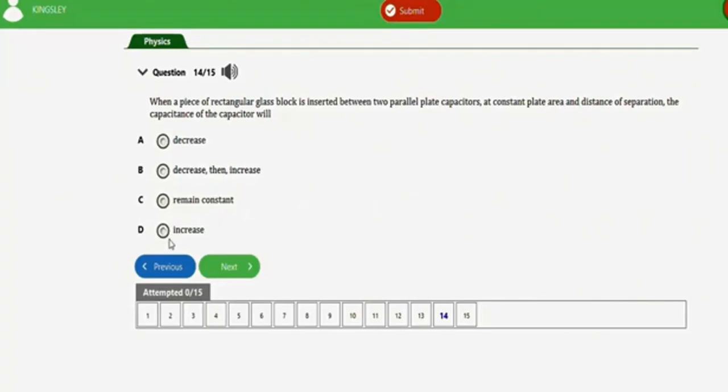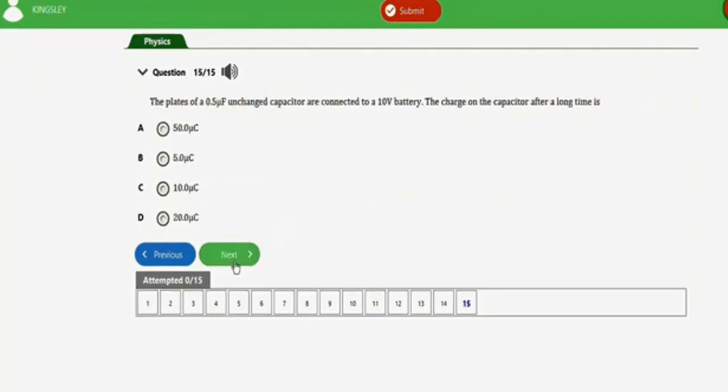The last repeated question we're going to attempt will be this one. It says the plates of a 0.5 microfarad uncharged capacitor are connected to a 10-volt battery. The charge on the capacitor after a long time is, so still make use of the formula, capacitor equals charge over voltage.